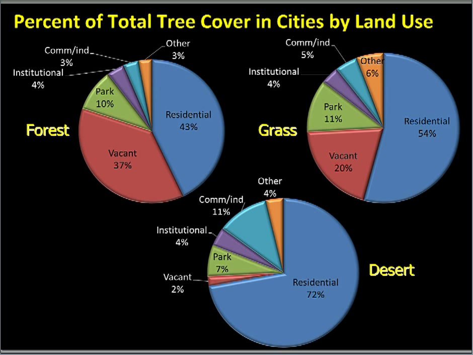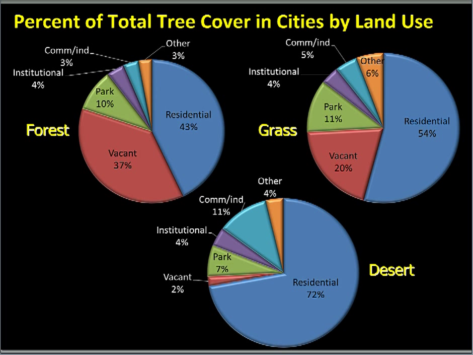And what's interesting, in forested regions, trees naturally regenerate quite frequently. So if you have vacant land, you'll have natural regeneration occurring. So the shift here, what's interesting to show on the graph, is how this shift between residential and vacant land changes as we move from cities in forests, to cities in grasslands, to cities in deserts.